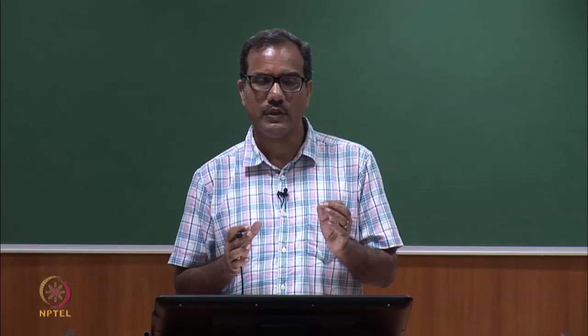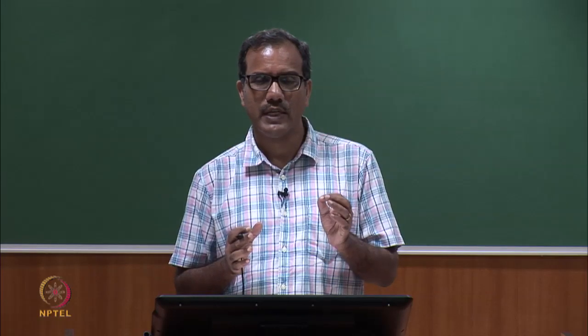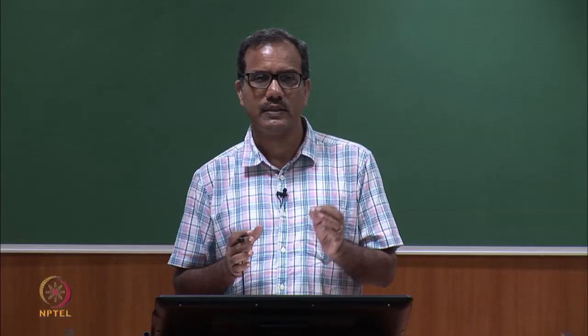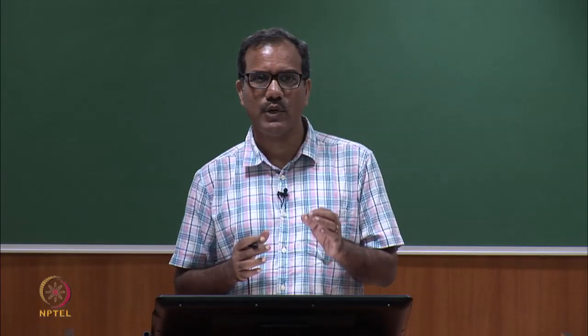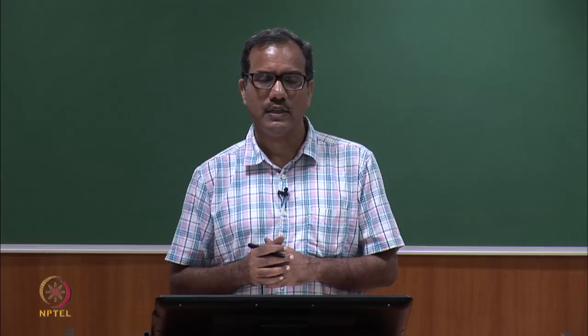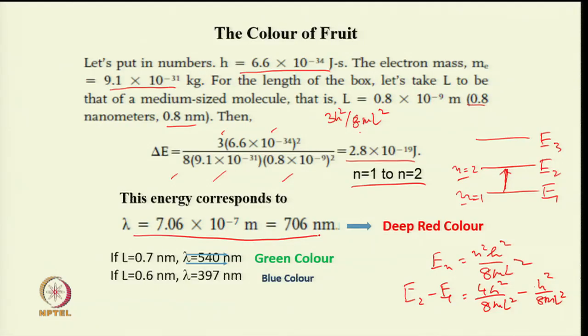So, lambda for the transition between n is equal to 1 to n is equal to 2, when the length is 0.8 nanometer, is 706 nanometer, which corresponds to deep red color.